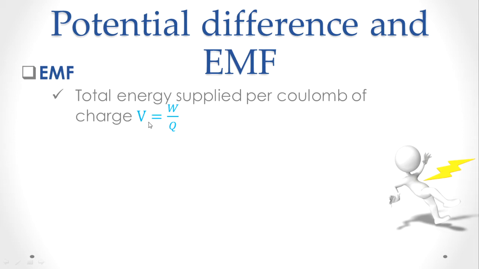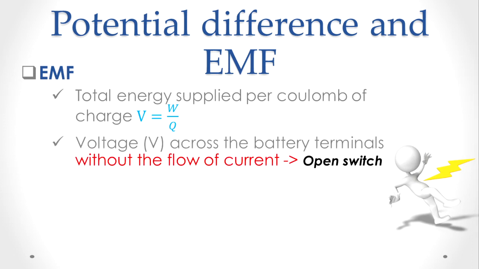This is just an equation to work out voltage, because that's what EMF is measured in. It's measured in volts, and the W over here represents energy and the Q represents charge, so the energy per coulomb of charge.